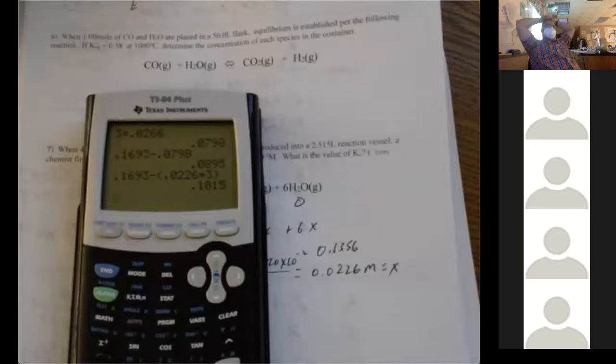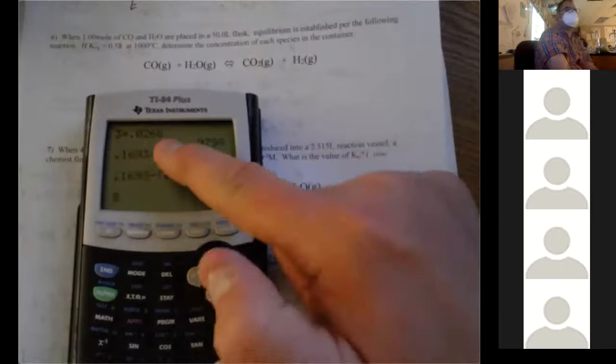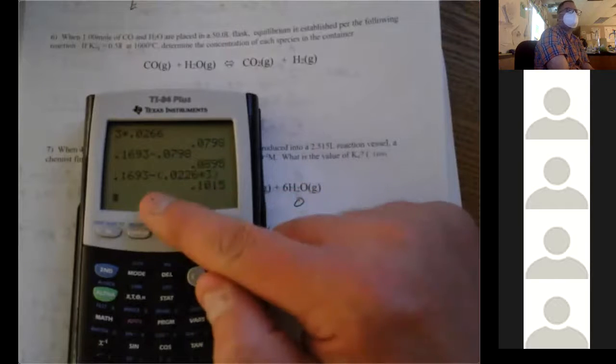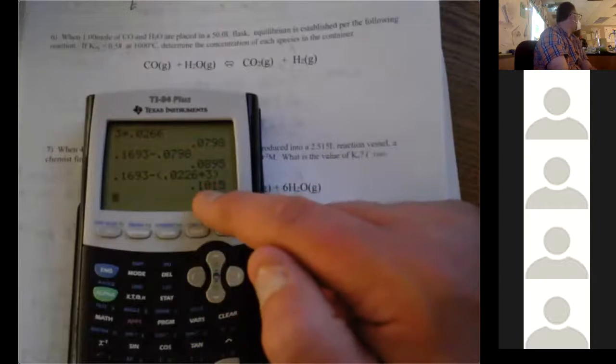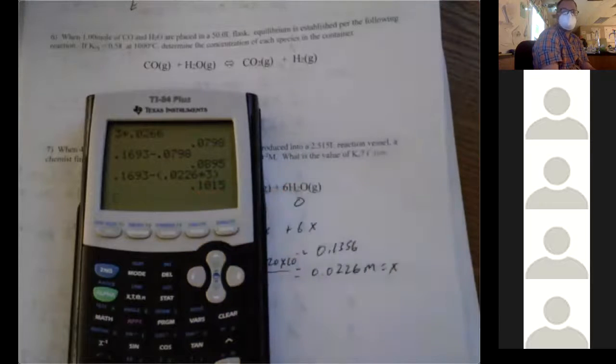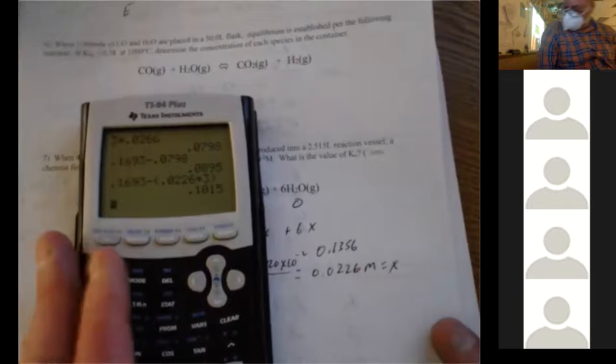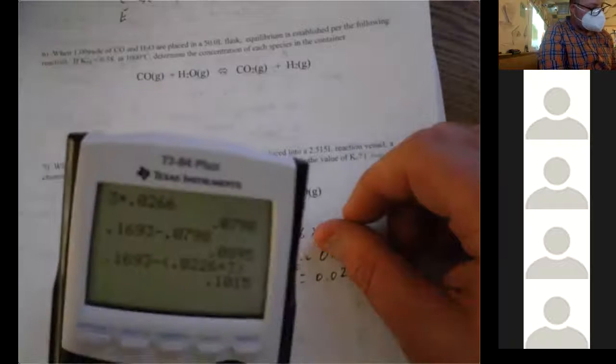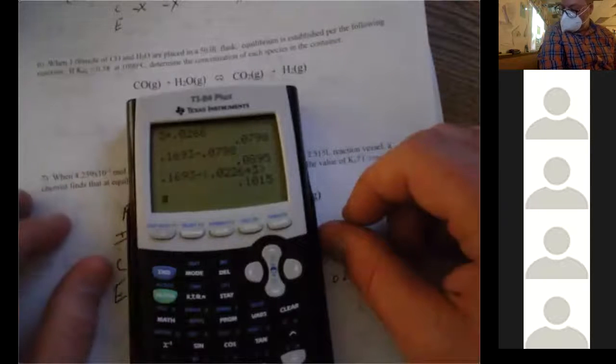It shouldn't be 0.0678, it should be 0.0798. 3 times 0.0266 is 0.0798, and then you subtract that from 0.1693. It's 0.0226, not 0.0266. Oh. 0.0226.